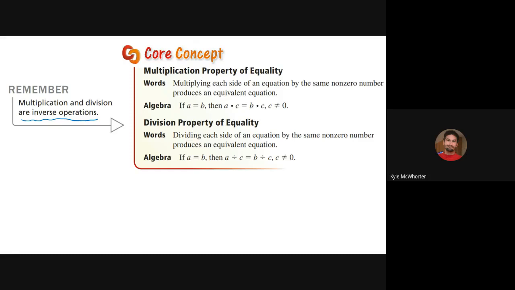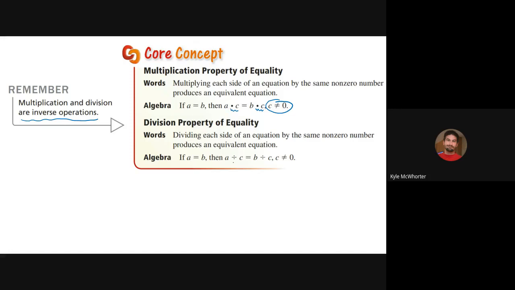The multiplication property basically says you can multiply both sides of the equation by the same number. So if you have A equals B, and you multiply both sides by the same number, as long as that number is not 0. Because if you multiply by 0, you lose your variables, and then you just have 0 equals 0. You didn't really accomplish anything.